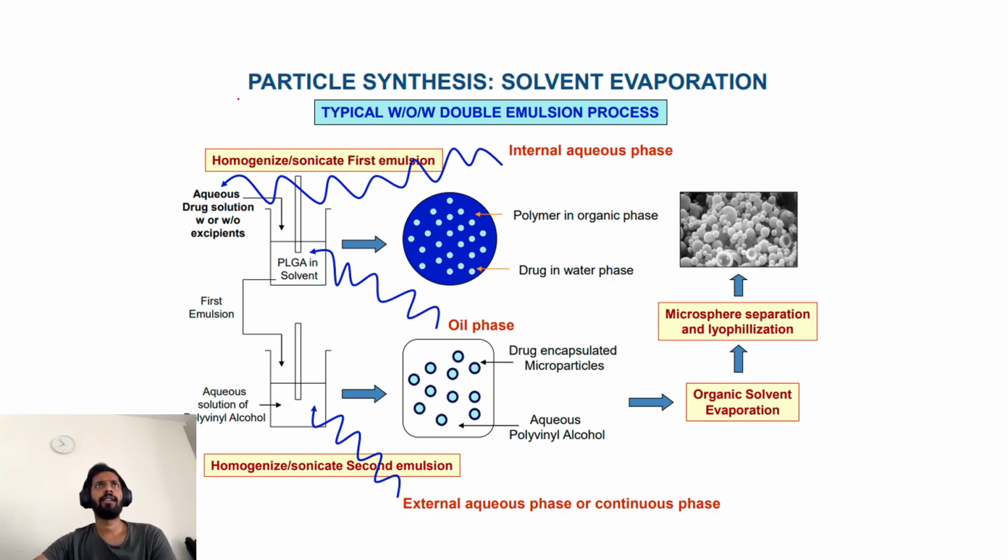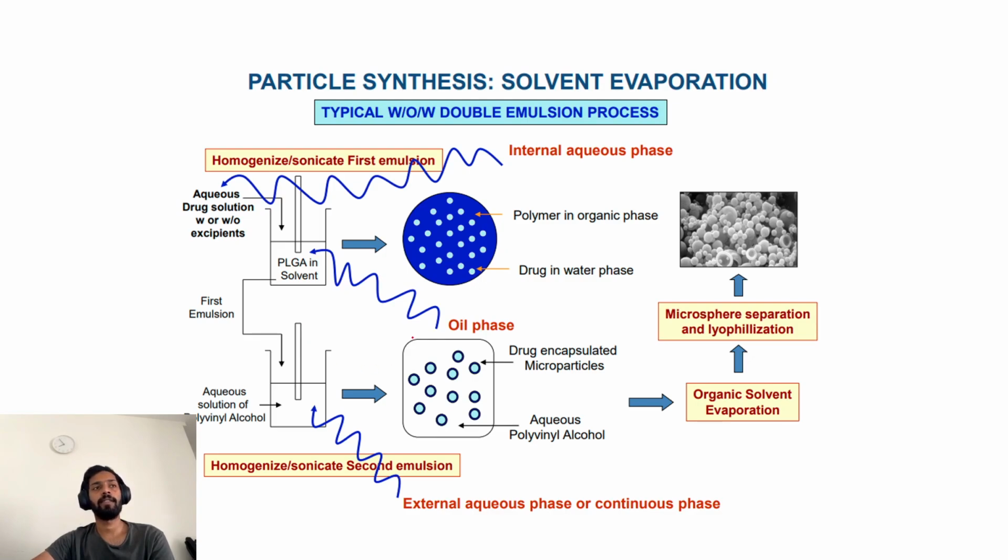I'll not talk much, but this is a water-in-oil-in-water double emulsion process wherein you have this aqueous drug solution, with or without excipients, that you pour into PLGA in solvent, which is the oil phase. Then you can pour this solution into an aqueous phase, which is polyvinyl alcohol.